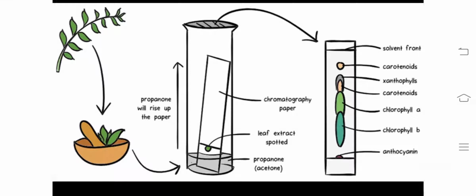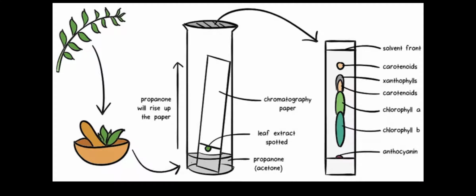This is the chromatographic paper. The leaf extract is spotted here, and the acetone has the same property. It's an inert chemical for the leaf extract as well as the chromatography paper.